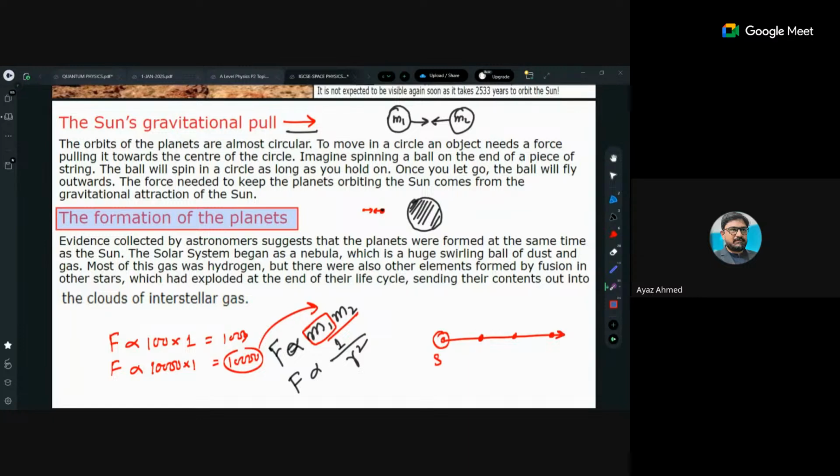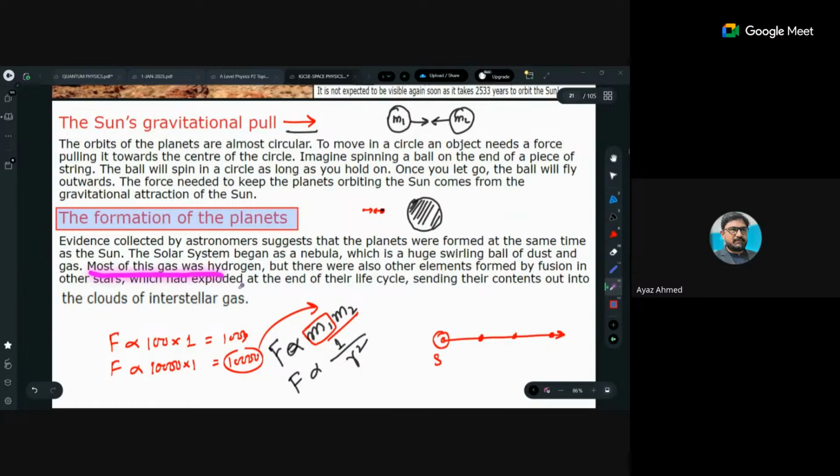So in this slide, in the formation of the planets, the evidence collected by the astronomers suggests that the planets are formed, yani planets are formed the same as that of the sun. The solar system begins as the nebula, yani everything starts from nebula, star, solar system, which is a huge swirling ball of dust and gas.